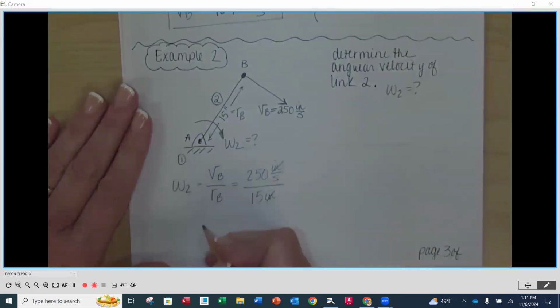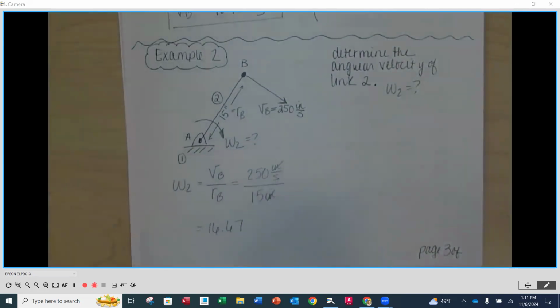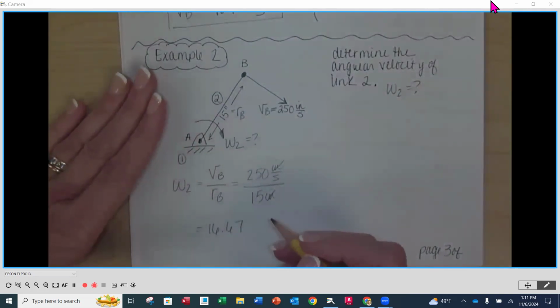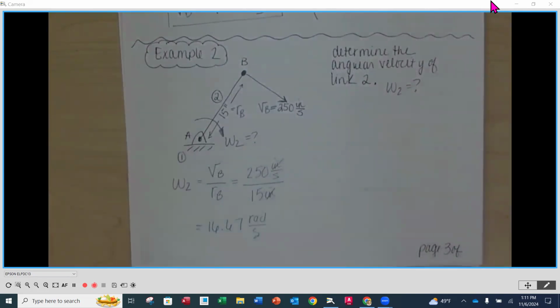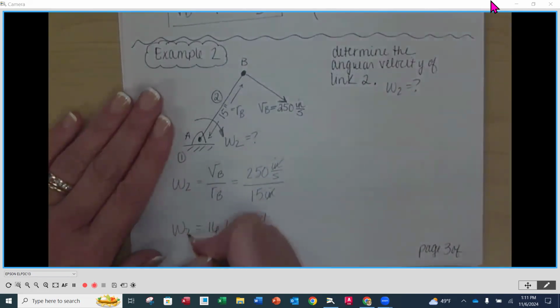And it looks like Peter already calculated our value. It's 16.67. I'm going to peek. Yep, that looks like it's correct. Did everybody else get 16.67? Oh, Ben did. Perfect. Radians per second. Excellent. And this is W2.